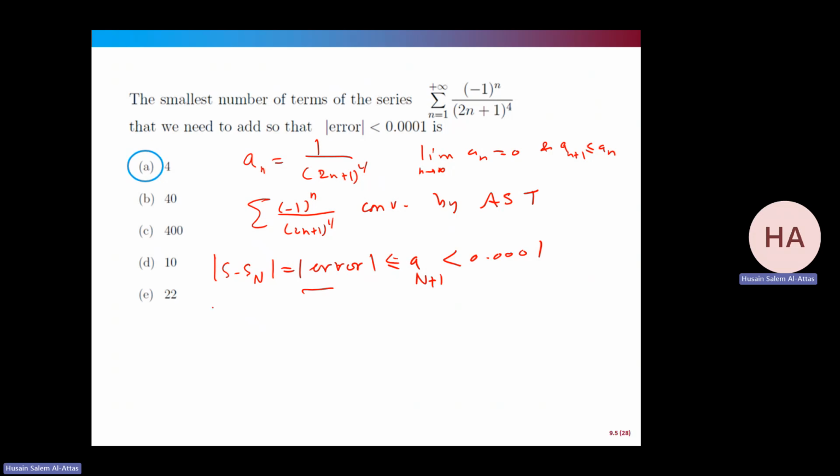So I have 1 over 2, be careful here, (N plus 1) plus 1, to the power 4. But I need n multiplied by 2, so I have 2 times (capital N plus 1) plus 1. I want this to be less than 1 over 10,000. So that means I want, be careful here, (2N plus 3) to the power 4 greater than 10,000.